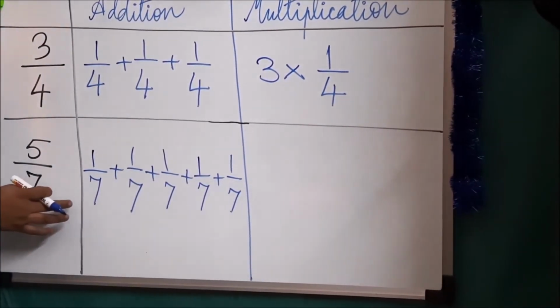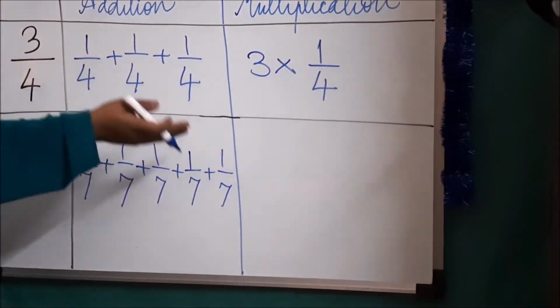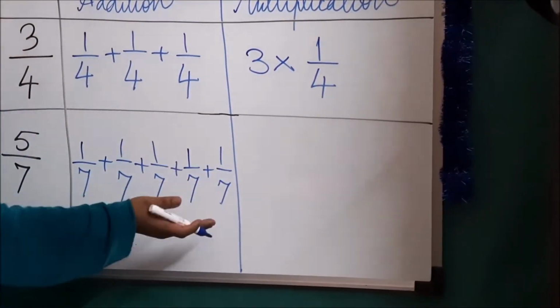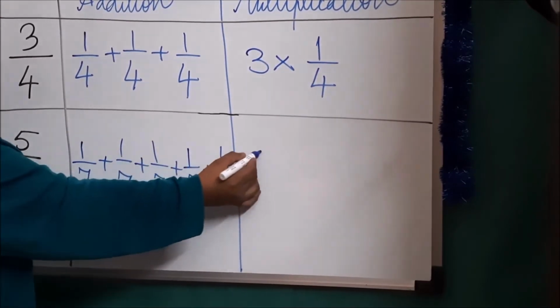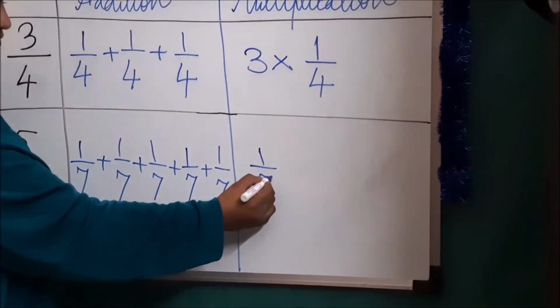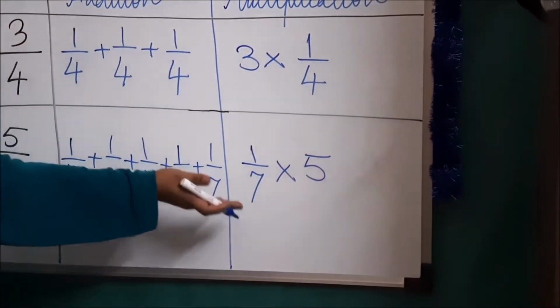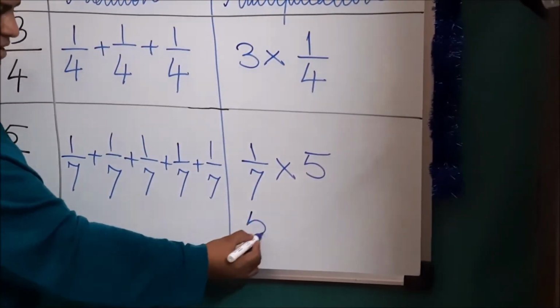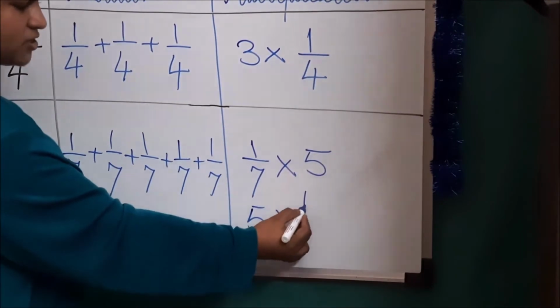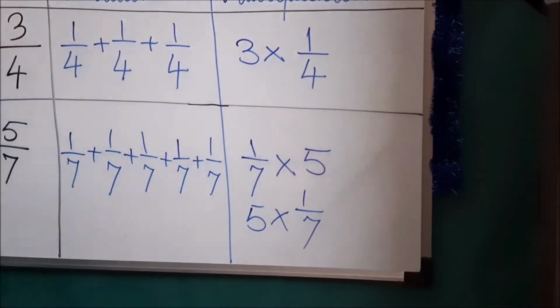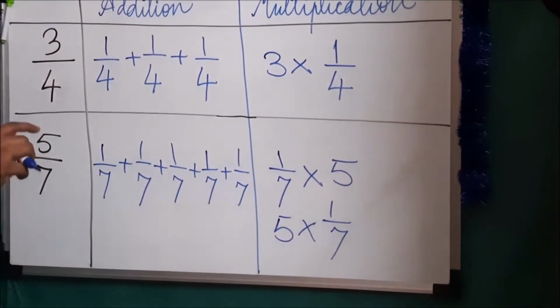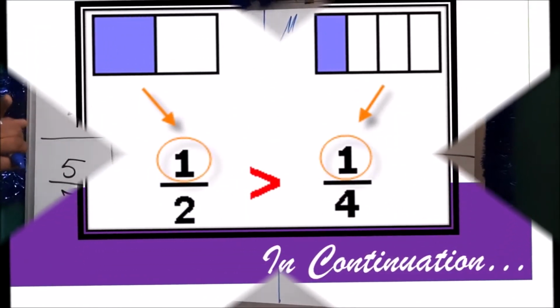All the 5 tukdas are taken. Very good. How many times have I taken 1 upon 7? I've taken 1 upon 7 five times. So 5 into 1 upon 7, or I can write it just like this. That is, 5 times I have taken 1 upon 7. Done. Let's see if you are able to do it in your textbook.